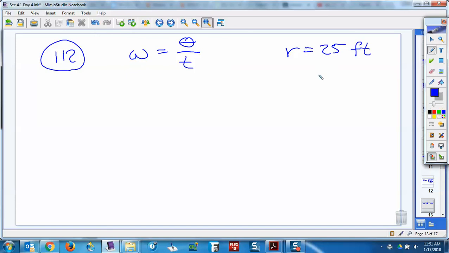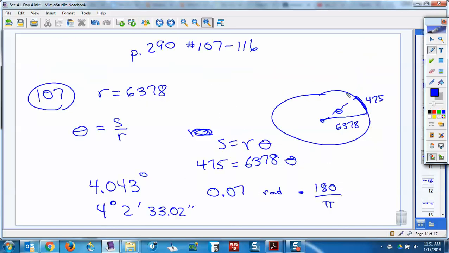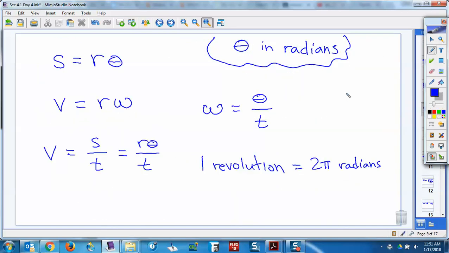4 revolutions per minute, 4 revolutions divided by minutes. I usually write it like that because I like to remind myself we're dividing. That's why I don't usually write MPH for miles per hour, I put miles divided by hours. Isn't that the angular speed almost right there? What do we need to do with revolutions? Each revolution is 2 pi.